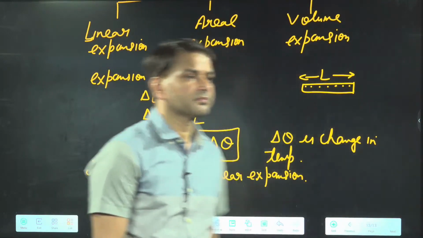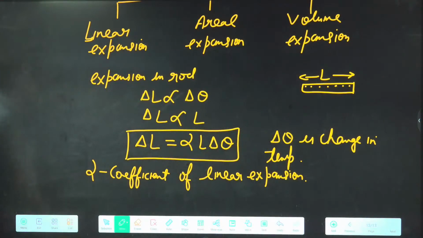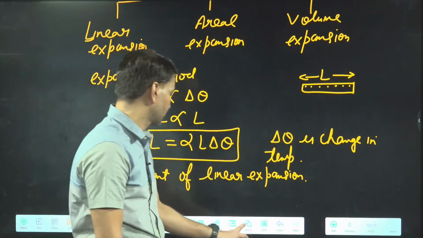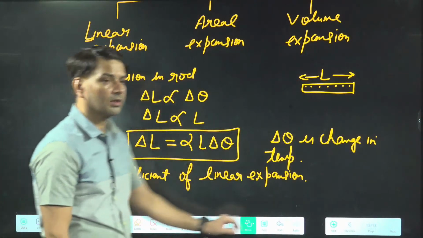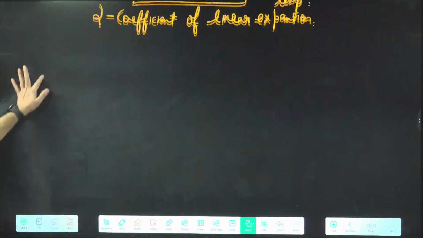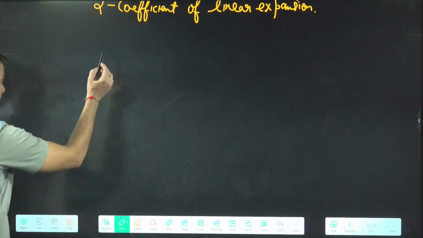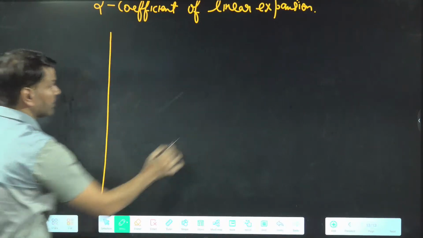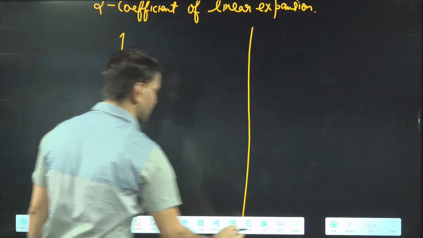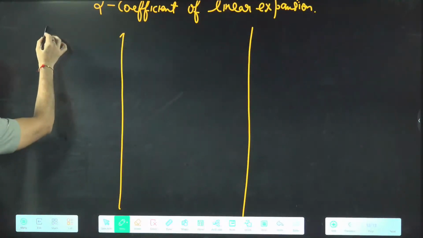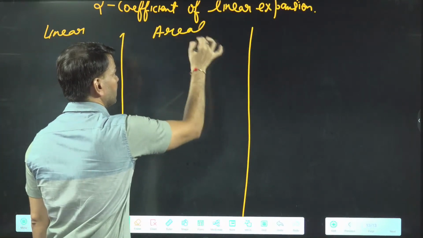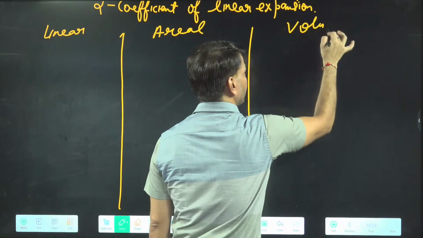Okay, I will tell about the properties of alpha and all. Now I am writing these expansions all together: linear expansion, areal expansion, and volume expansion.